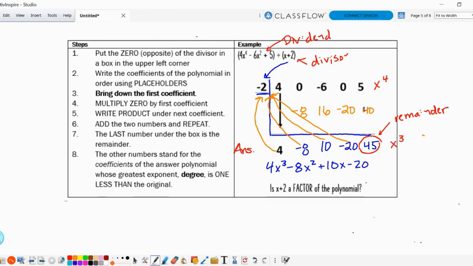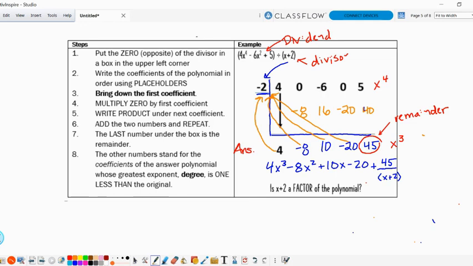So that's the polynomial we get when we divide, but we did have a remainder, so we write plus. And then we say we had 45 left over that still needs to be divided by x plus 2 because it did not go in evenly to that part. So that is our final answer, our quotient.